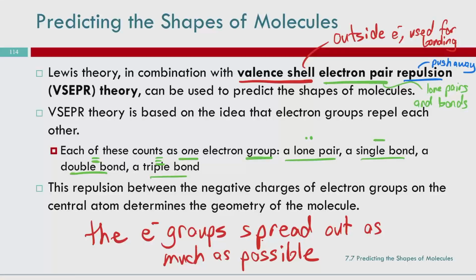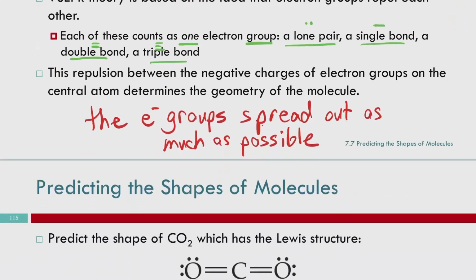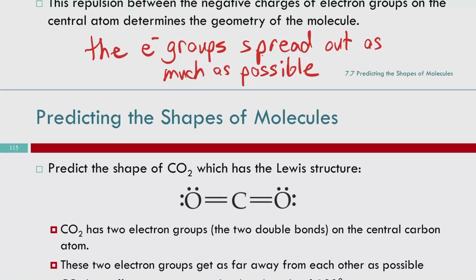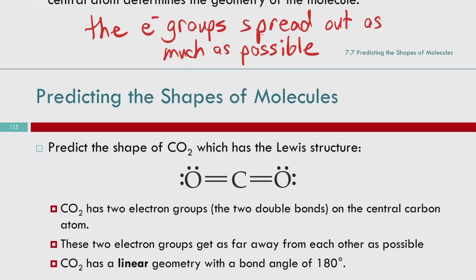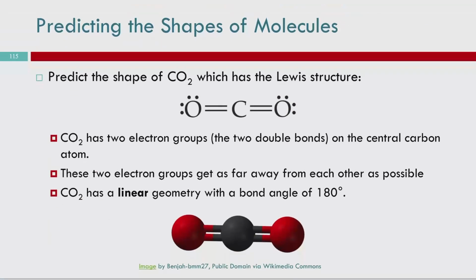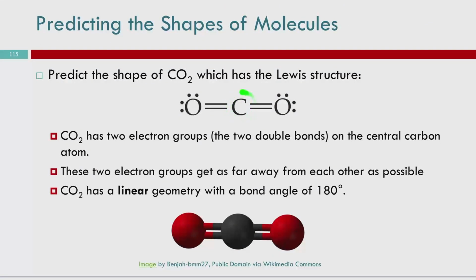So for our VSEPR, or valence shell electron pair repulsion theory, we can predict shapes. So for example, we can predict the shape of CO2, carbon dioxide, which has this Lewis structure. So the carbon is double bonded to each of the oxygens. So the carbon has 2 groups on it, 2 double bonds.